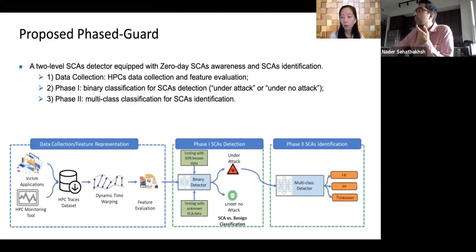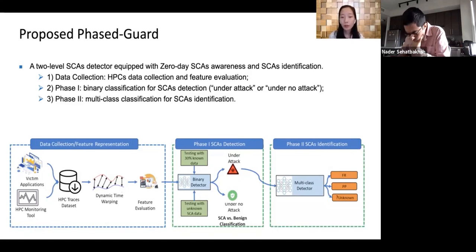So the whole framework can be divided into 3 parts. In data collection, the victim's HPC hardware performance counters, like cache misses and L1 hits, are monitored under normal cases, which means no attack, and under attack cases. Those traces are further pre-processed by the dynamic time warping algorithm in order to calculate the similarities between different traces.